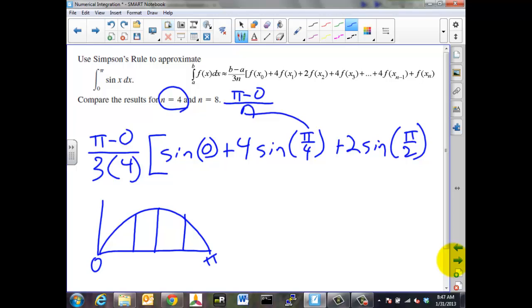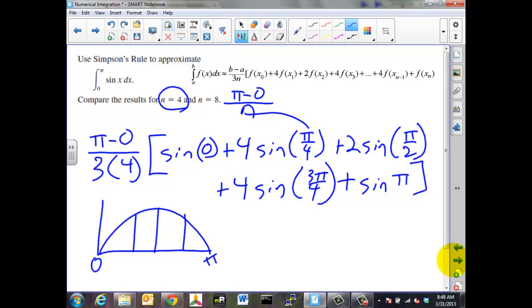We're going from pi over 4 up pi over 4 to get to that one, okay? Plus 4 times the sine of 3 pi over 4 plus the next one's going to be pi. So we're at the end, so it'll be the sine of pi. We figure out those 4 things multiplied by pi over 12.